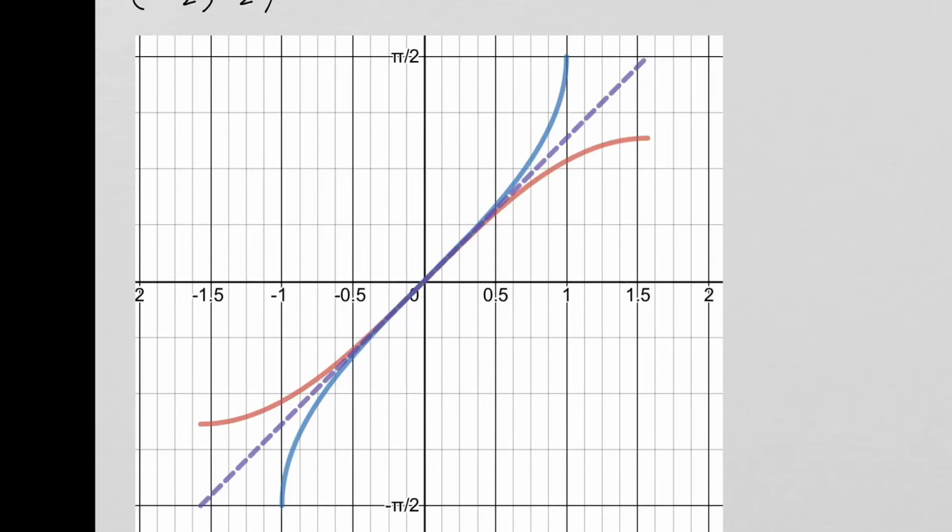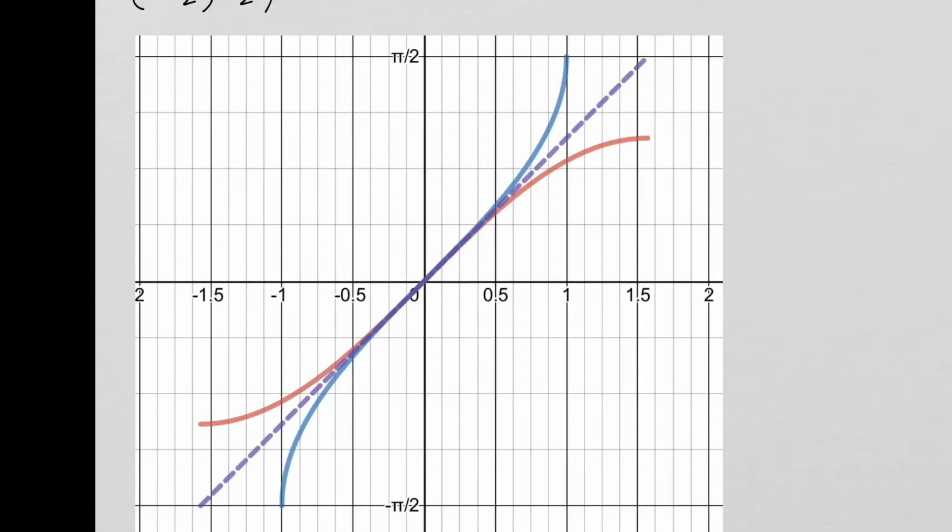Okay, so the red graph here, this is my sine function, right? The restricted sine function just from negative pi over 2 to pi over 2. The purple dashed line is the identity line, that's y equals x. And then remember, the inverse function graphically is going to be a reflection about that line.